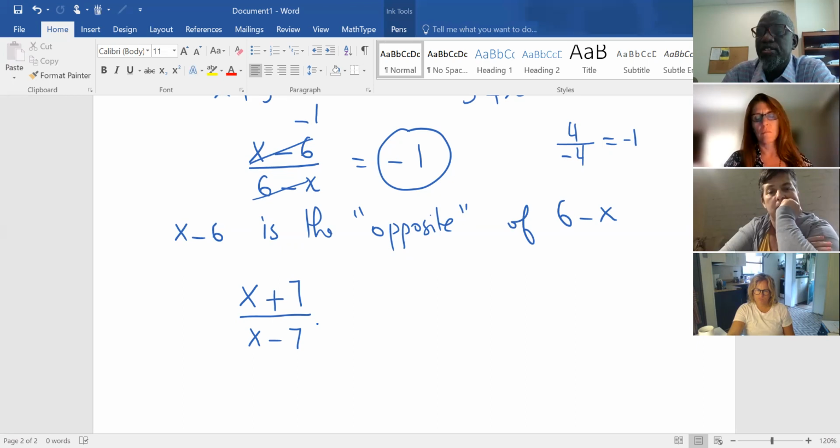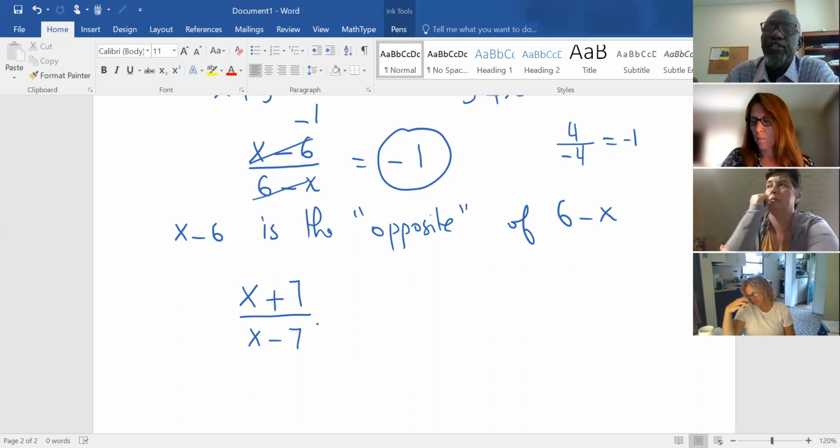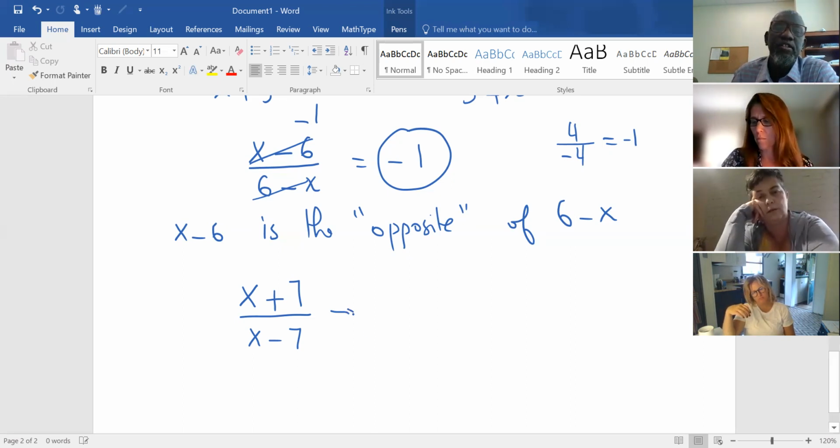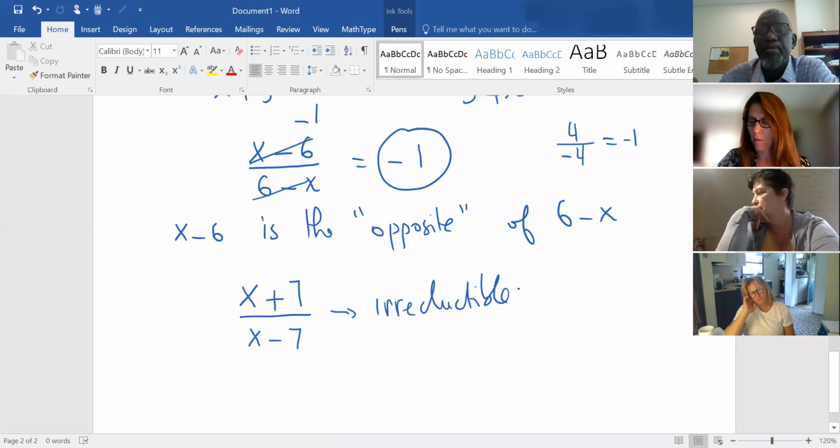If x is 5, 5 plus 7 is 12 and 5 minus 7 is -2. If x is 20, 20 plus 7 is 27 and 20 minus 7 is 13. Those two numbers have nothing to do with each other. This is irreducible. We can do nothing about that.